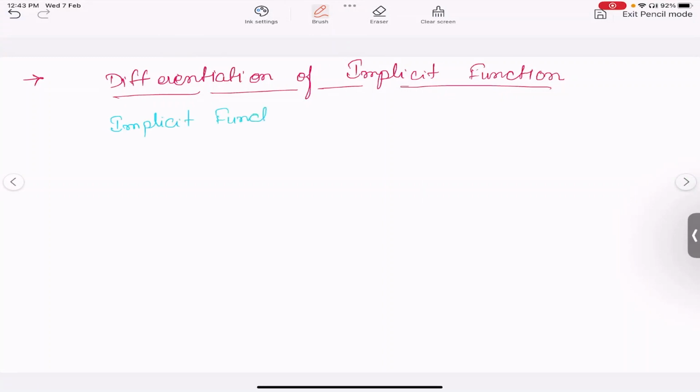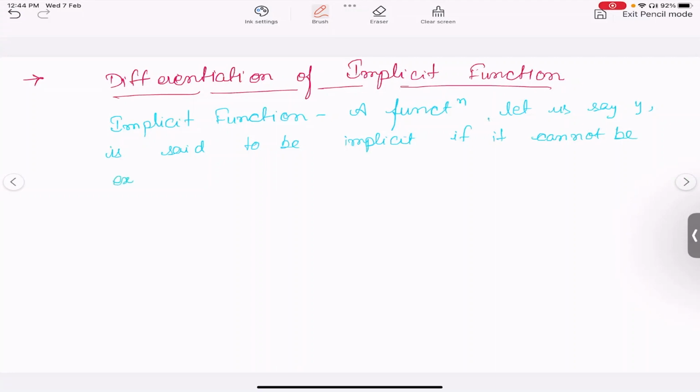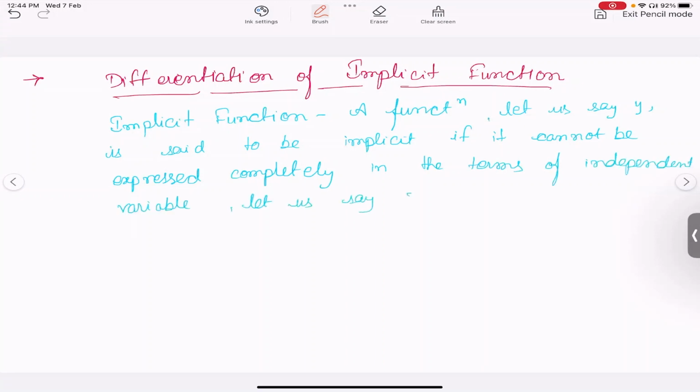A function, let's say y, is said to be implicit if it cannot be expressed completely in terms of the independent variable, let's say x.